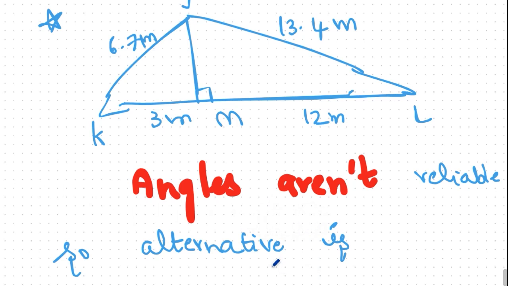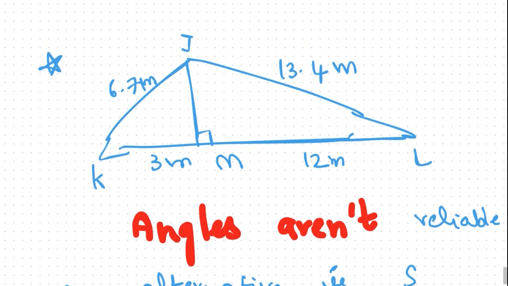Sides. What condition did we learn regarding sides for similar triangles? They must follow a specific condition. Let's look at these two triangles, left and right. So JK is similar to JL. How do we know that?